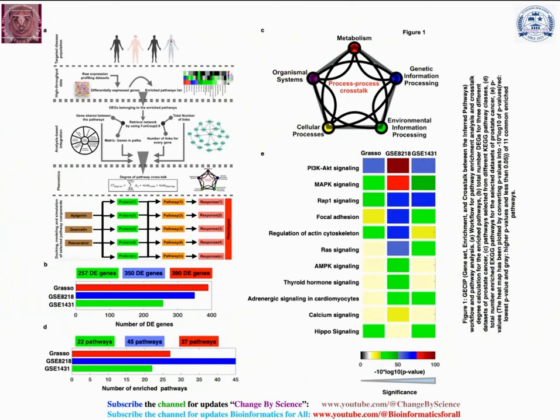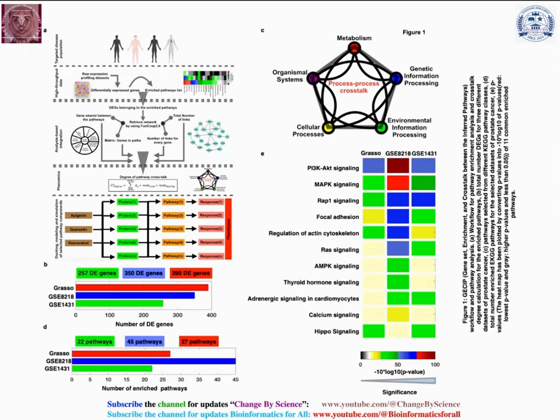What you are seeing here in case of Grasso, there is the maximum number of differentially expressed genes, but the enriched pathways are not maximum. It is showing maximum for the second data set, which has a slightly lower number of differentially expressed genes than the Grasso dataset.